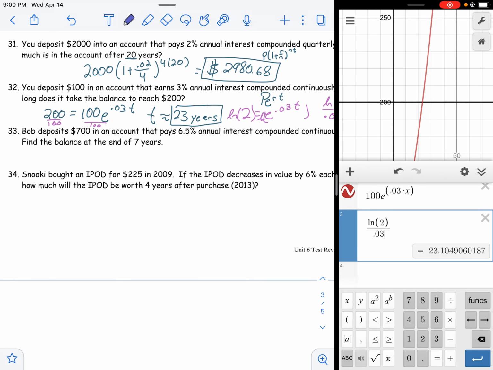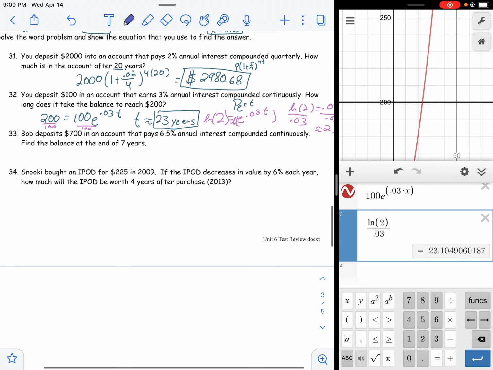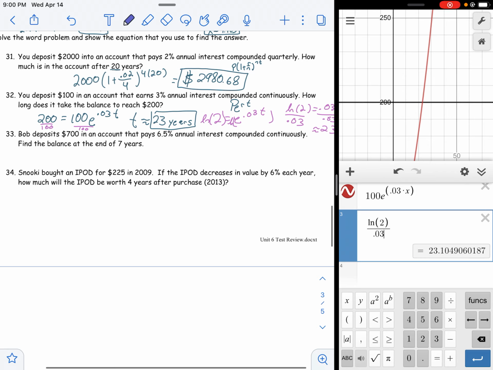33, Bob deposits $700 into an account that pays 6.5% annual interest compounded continuously. Find the balance at the end of 7 years. So this is another PERT because it's continuous. We have 700 to start, e raised to the r, which is 0.065, and then multiplied by t, which is 7.